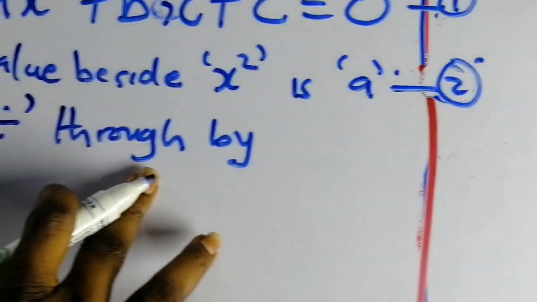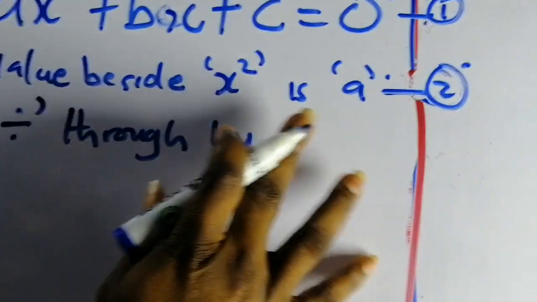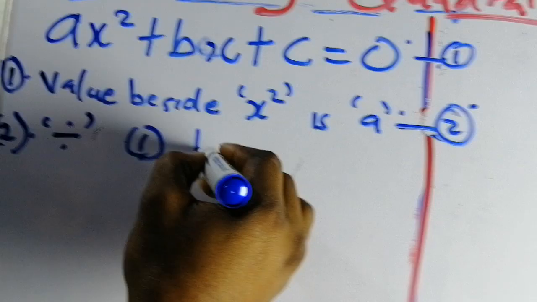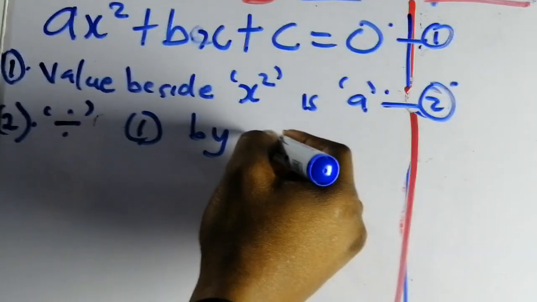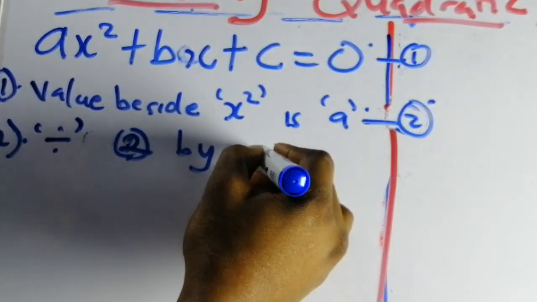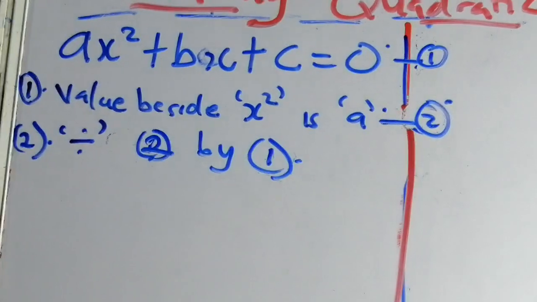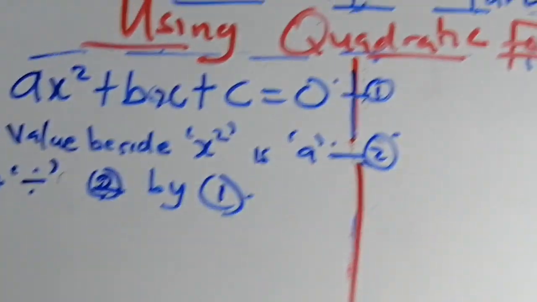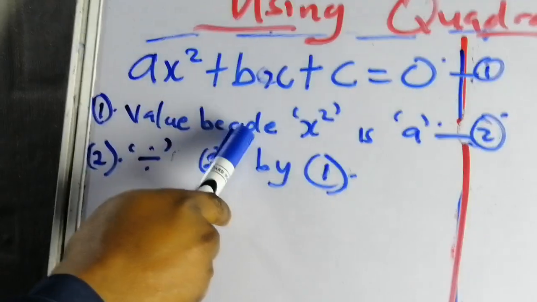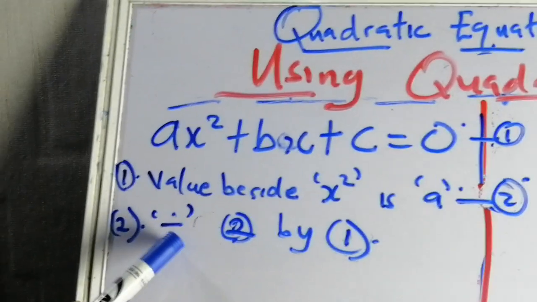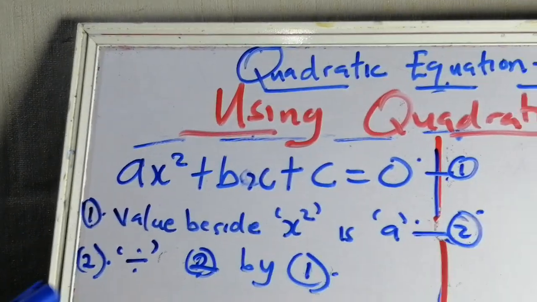Now divide through by, let me say divide 2 by 1. Look at this very well. The value beside x squared is what? It is a. Now what I say, divide, instead of writing it in words, I'm just shortening it.